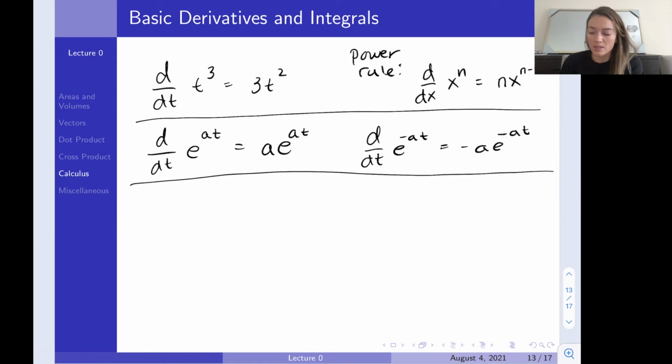Then we'll also be doing some u substitutions, but I'll go through that when we actually get to a u substitution problem for integrals. So just to remind you of the basics, if we do the integral of x to the n dx, that will just be equal to 1 over n plus 1 times x to the n plus 1, plus c.